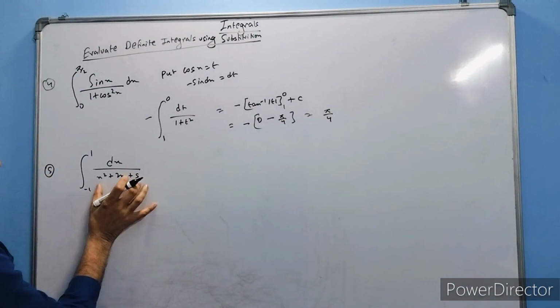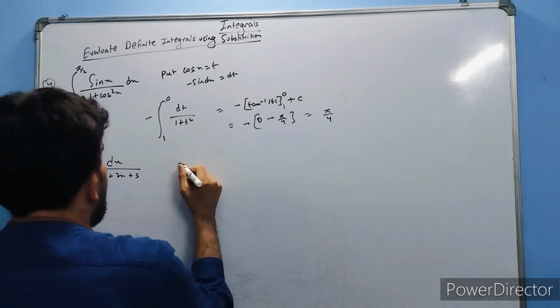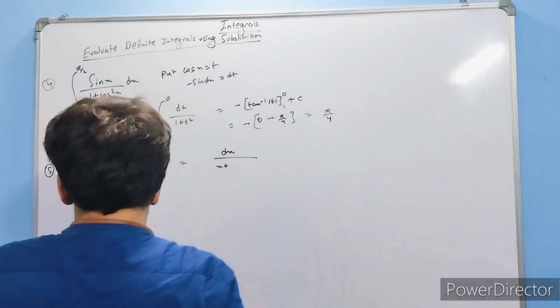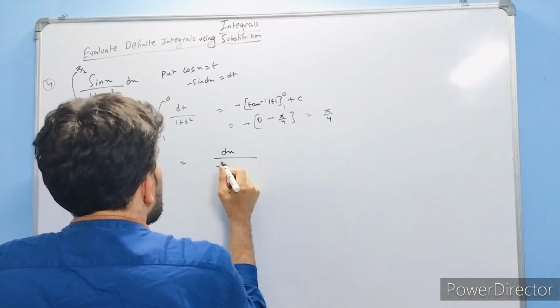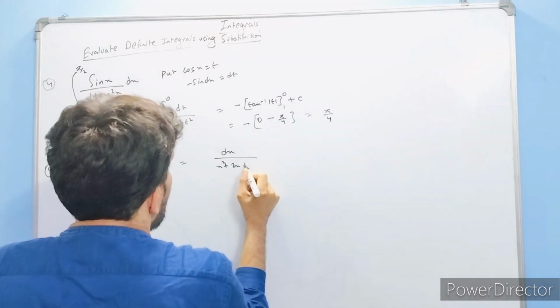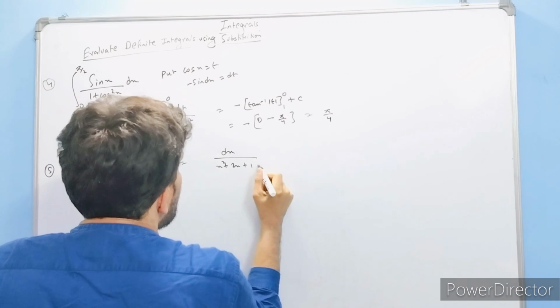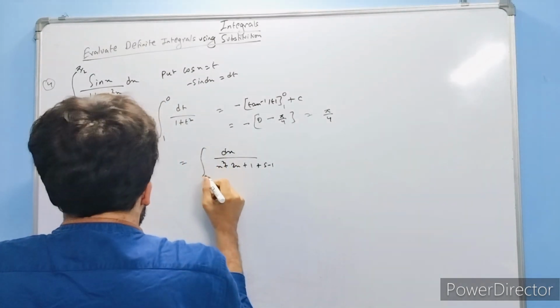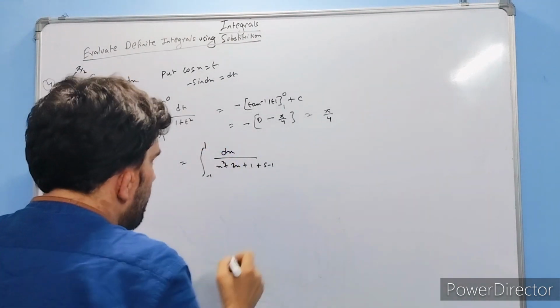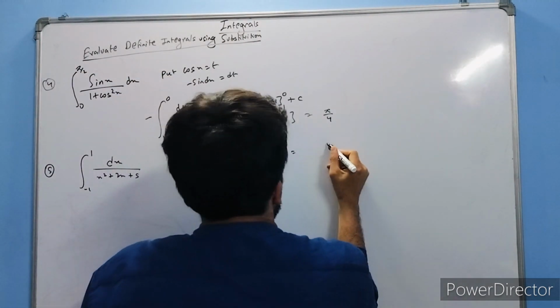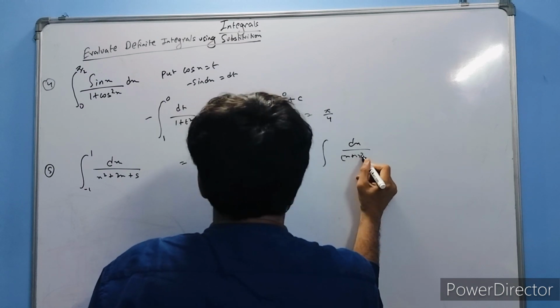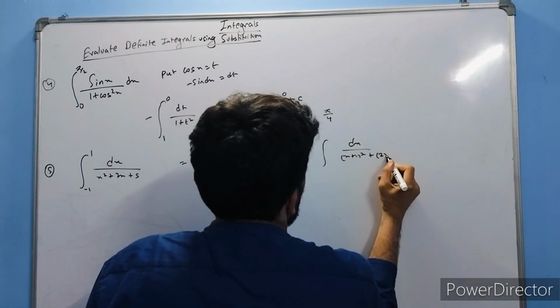Let us do this by completing the square. So we'll get here dx upon x square plus 2x plus, we can do 2 by 2, 1, 1 plus 5 minus 1. Okay, so now what I will get here is dx upon x plus 1 whole square plus 2 square.